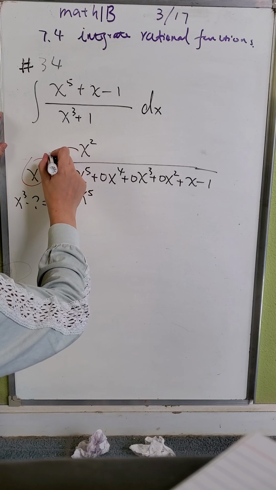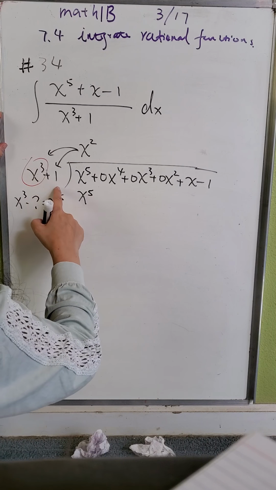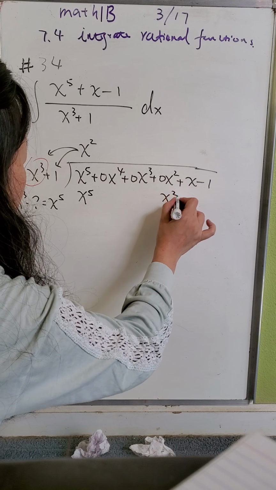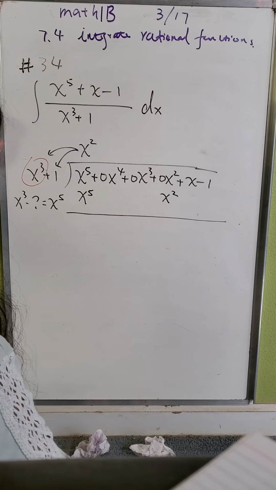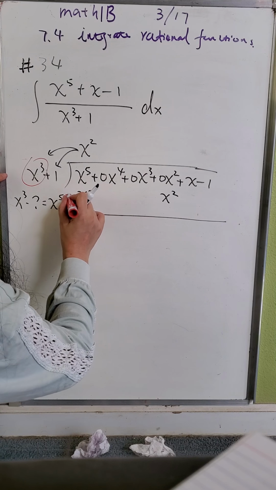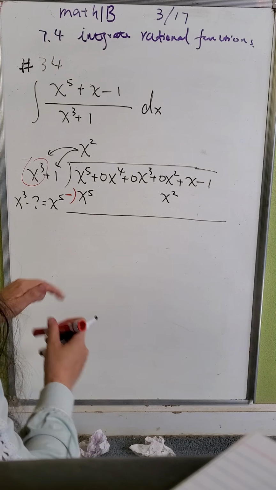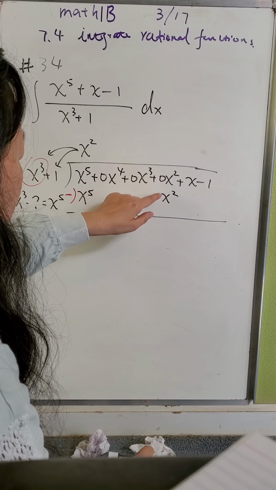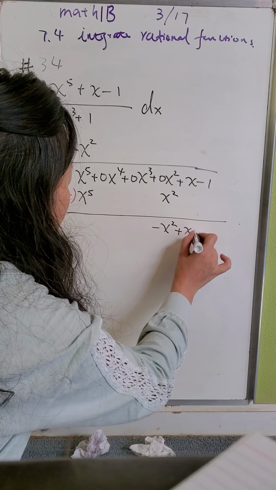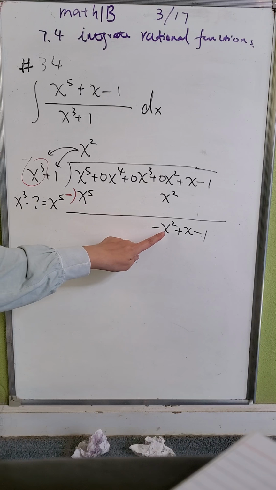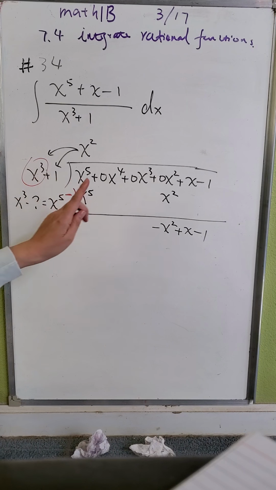And then multiply the x squared by the 1 also, so it becomes x squared here. And subtract them. That becomes 0. This is all 0 here. This subtracts to become negative x squared plus x minus 1. And that's it, because this degree is lower than that, you can just stop.